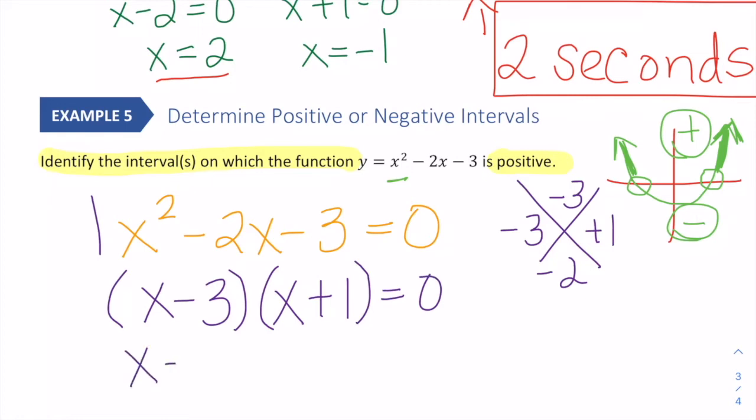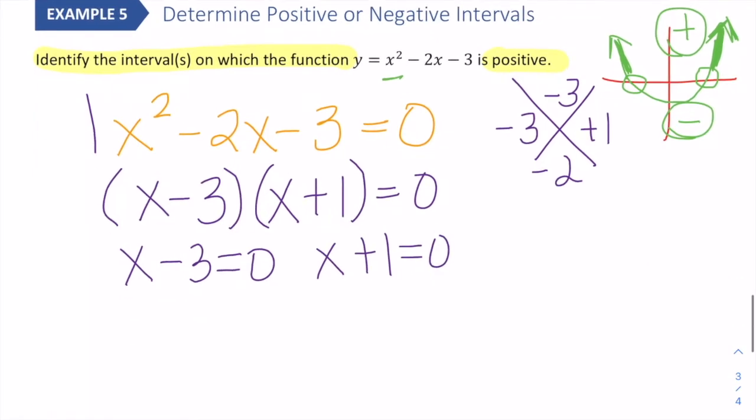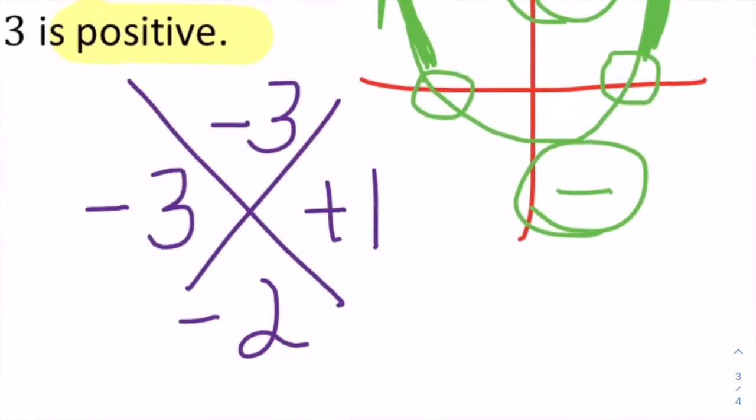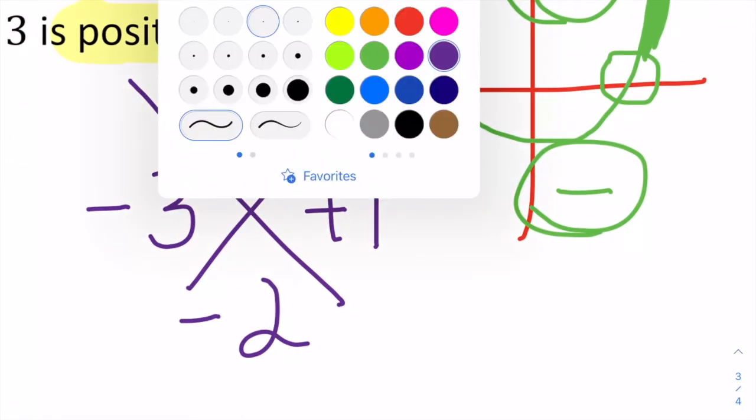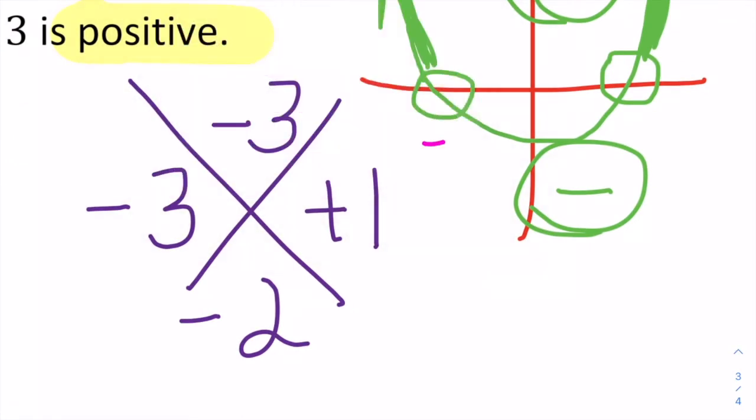When we set each of those factors equal to 0, our zeros are going to be 3 and -1. So on this graph, this point would be -1 and this point would be 3.